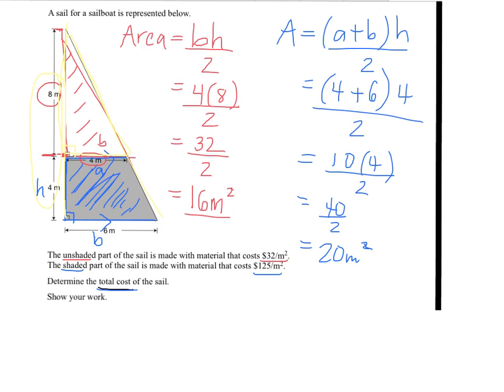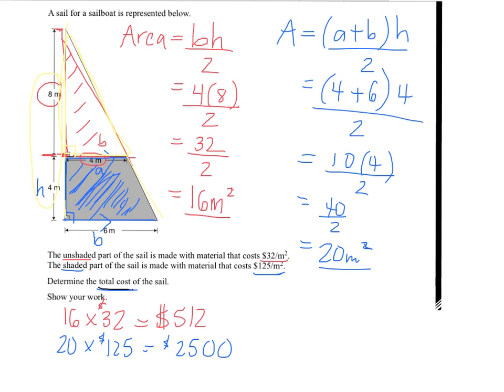So we're going to multiply 16 times 32 to get the cost of just the unshaded part. The unshaded part costs $512.